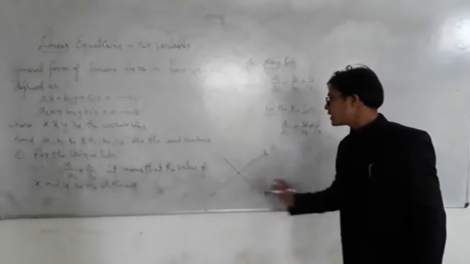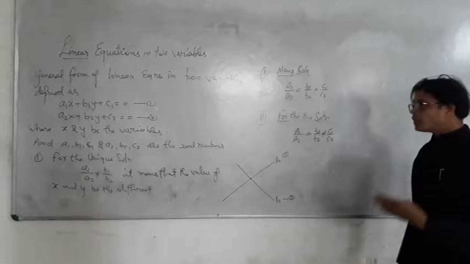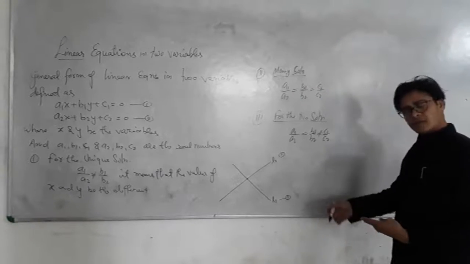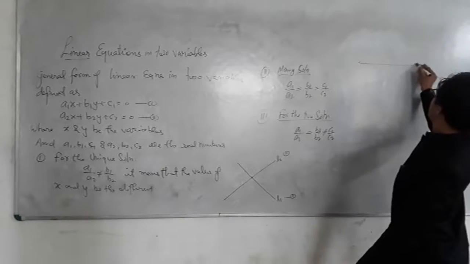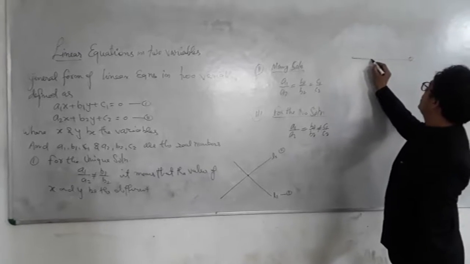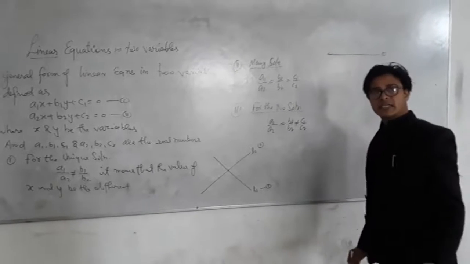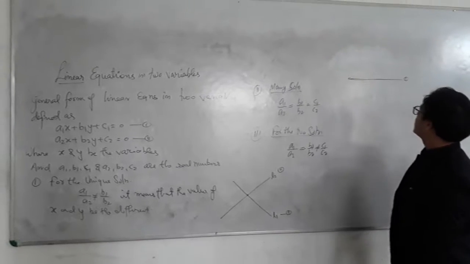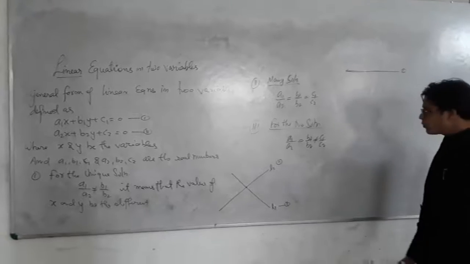It means that the coefficients of x and y are different. Lines are intersecting. For many solutions, all the lines coincide with each other. Suppose this is the first line and the second line also coincides with it, overlapping one line on the other. So it has many solutions, which means all the coefficient ratios are equal.